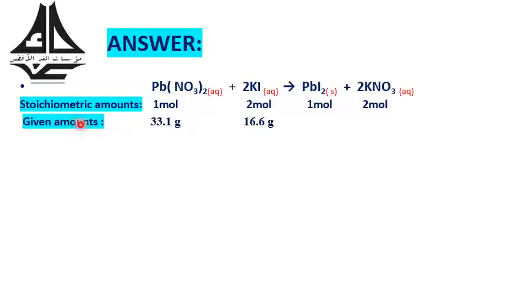Then the given amounts: we are given two reactant amounts, 33.1 grams for Pb(NO3)2 and 16.6 grams for KI.